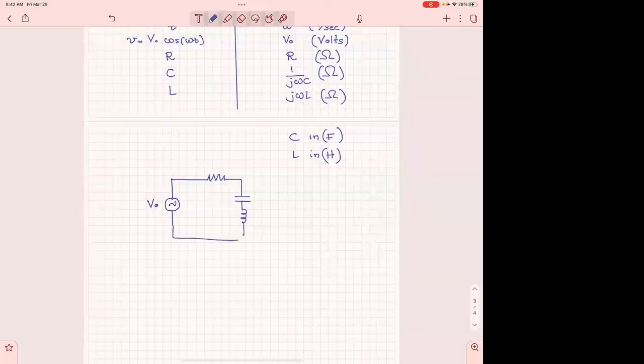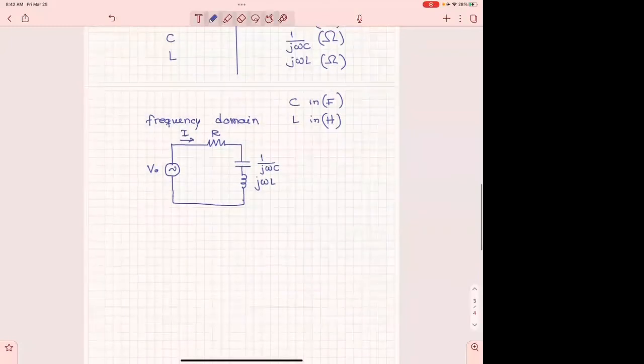But now in this frequency domain, this is going to be R, this is going to be 1 over j omega C, this is going to be j omega L, and this is going to be I, capital.